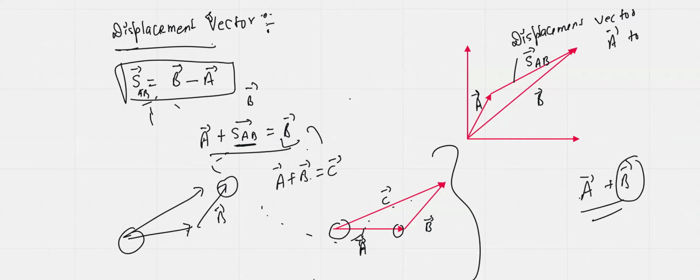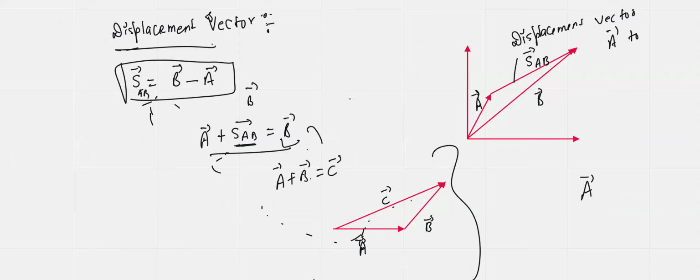Every time it is not necessary for me to make it like this. You can simply say this is a B point. I can't move it actually, I have removed this vector.